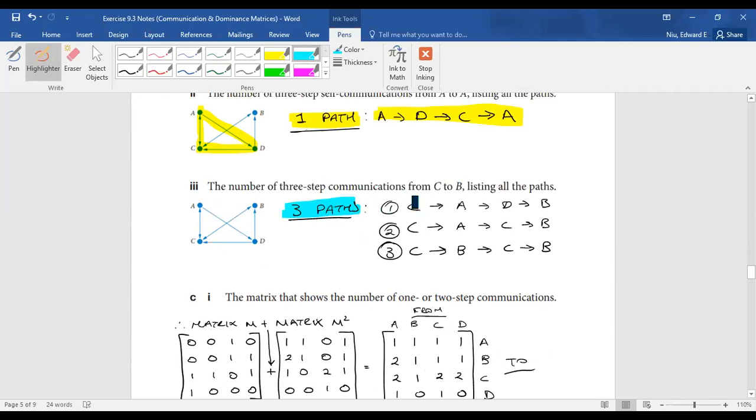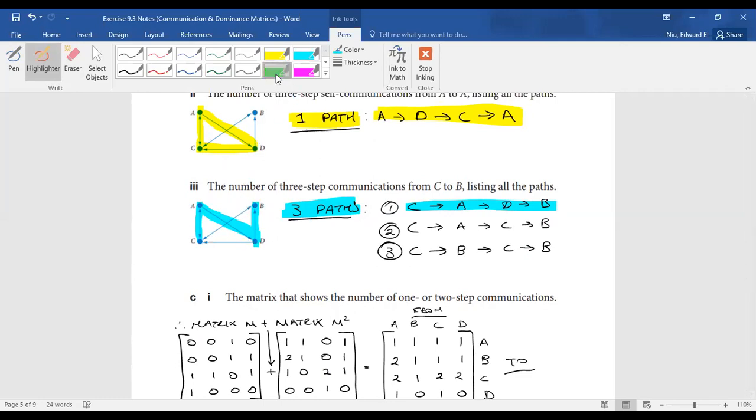And what we notice is each one's going to start at C and finish off at B. So we can get to B by going C to A to D, D to B. And that's 1, 2, 3 steps.